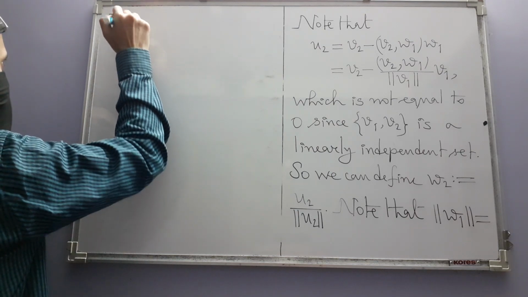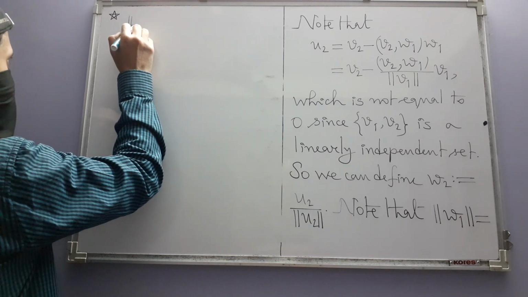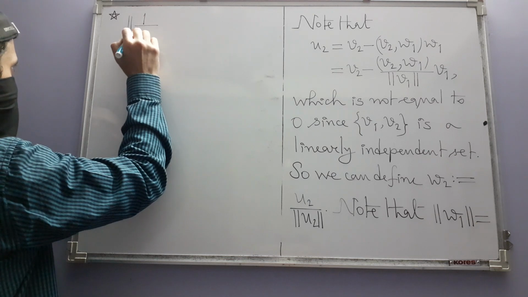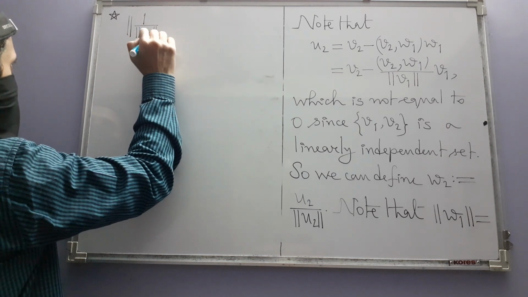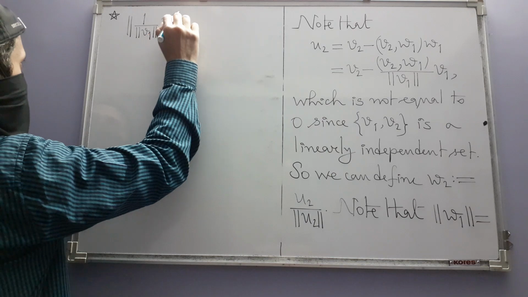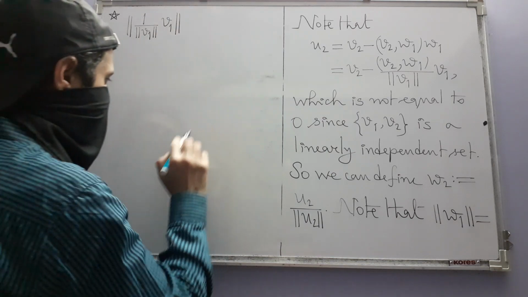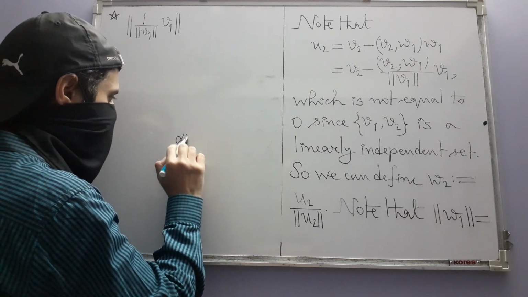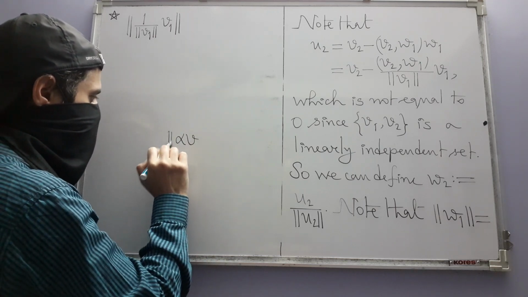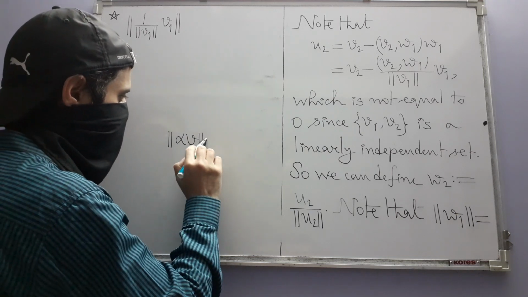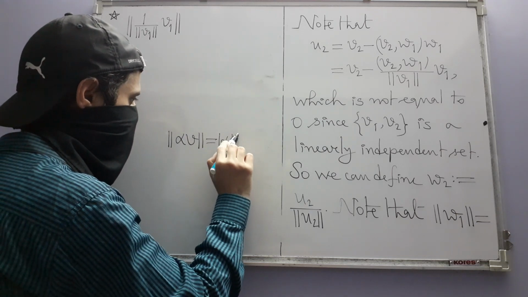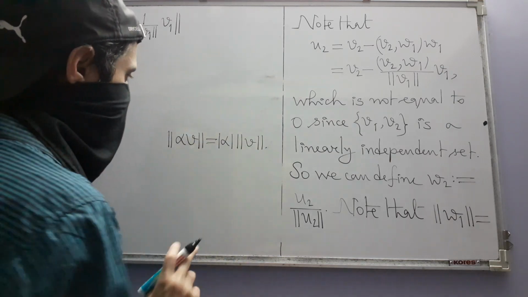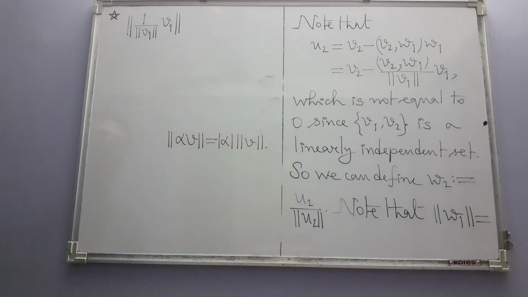How would it look actually if we write what W1 is in fact properly, really properly? Then it is this. But you already know one thing about vectors in an inner product space, that for a vector V and scalar alpha, the length of alpha V is the absolute value of alpha times the length of V. We have already seen how that is true. We are now going to use that here.